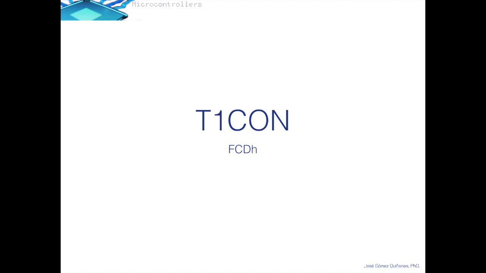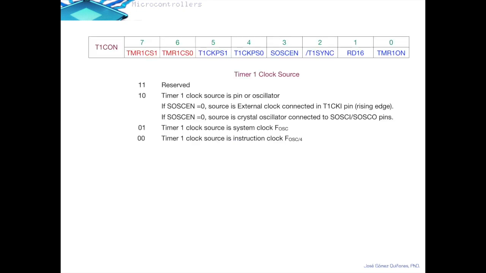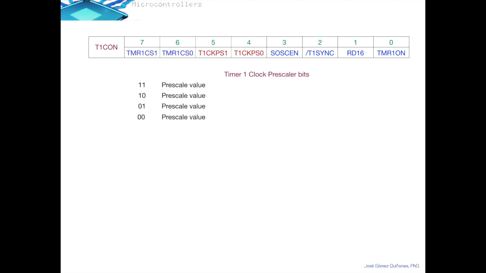At this point, it is necessary to review several of the registers that we are going to be using in order to know how they are organized. The first one that we are going to see is T1CON, timer 1 control. As we can see in the upper 2 bits, the timer 1 clock source is going to be our oscillation frequency over 4, that is to say the machine cycle. Next, the prescaler, we're not going to use any prescaler.